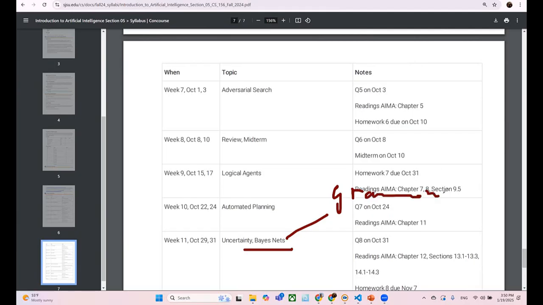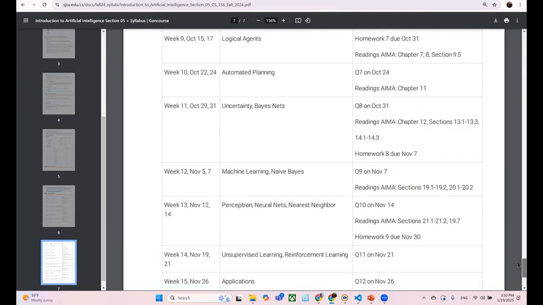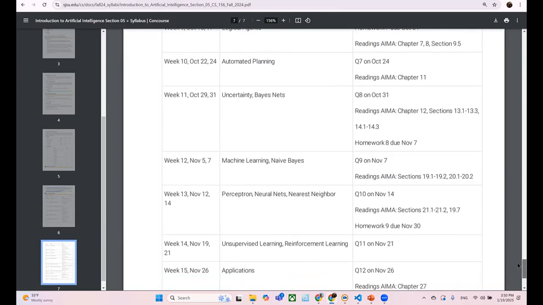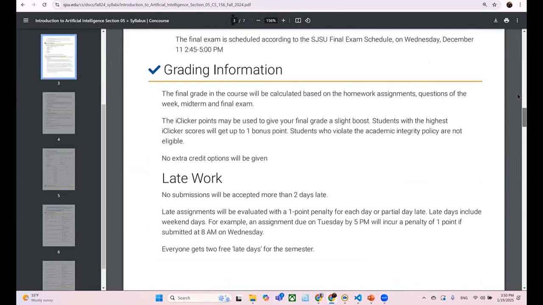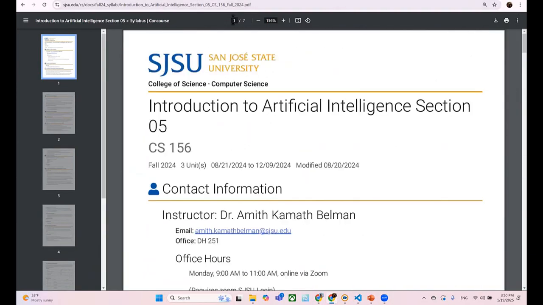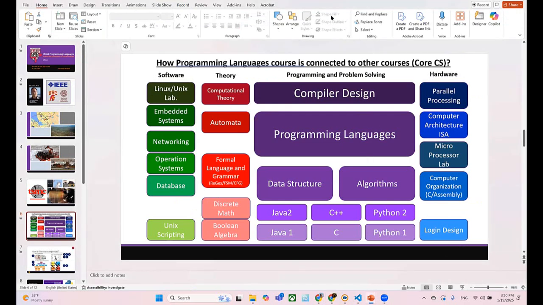Bayes net, grammar net. So basically you need to know about the linguistic structure and then building the net. So usually this AI course uses natural language processing as the core material. That's because you need to learn about language translation from one language to the other.